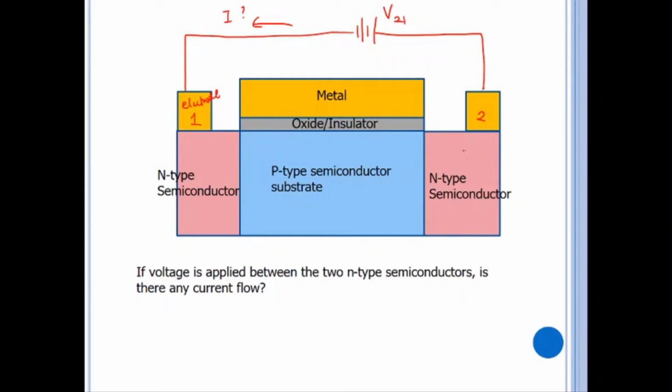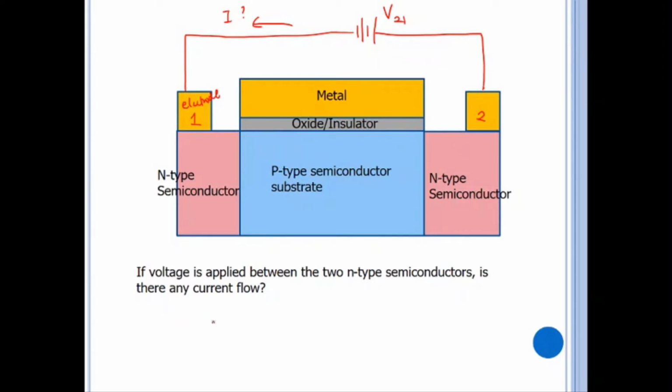The reason is that we have n-type, p-type, n-type, which forms what we call an NPN structure. The positive voltage is supplied at the n-type semiconductor, so obviously this is a reverse bias.